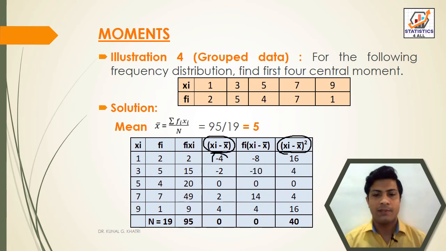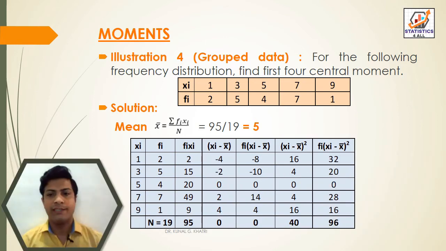So here minus 4 square, that is equal to 16, minus 2 square, that is equal to 4, 0 square is 0, then 2 square, that is equal to 4, 4 square, that is equal to 16. Now we'll take the sum of xi minus x bar whole square, we get value 40.